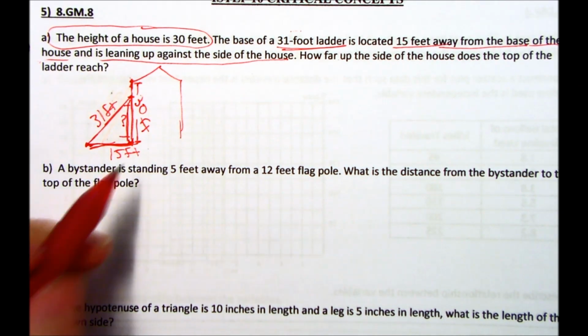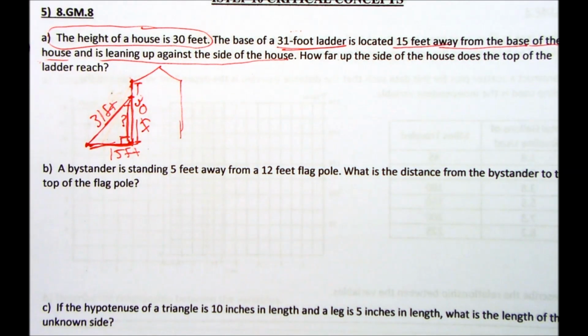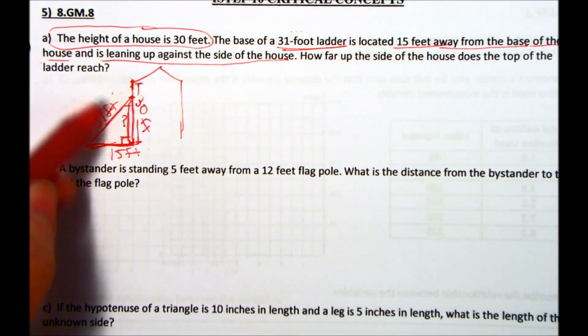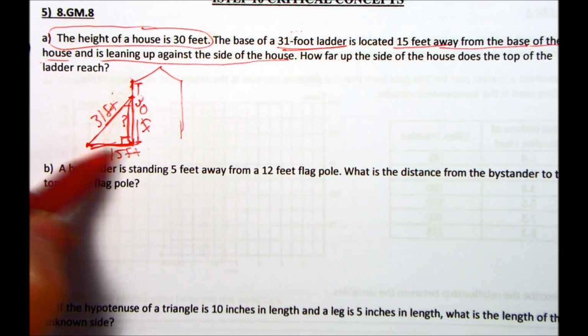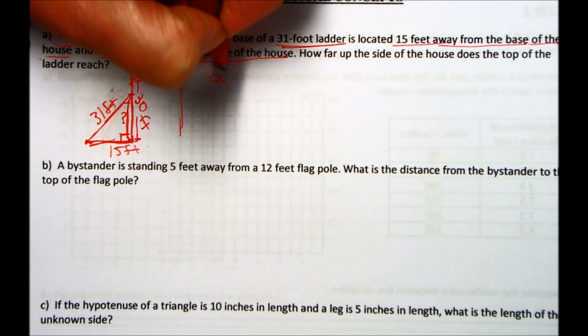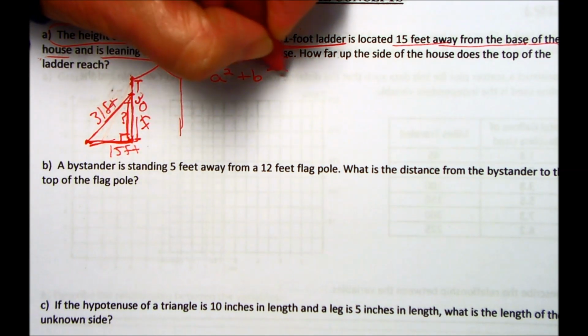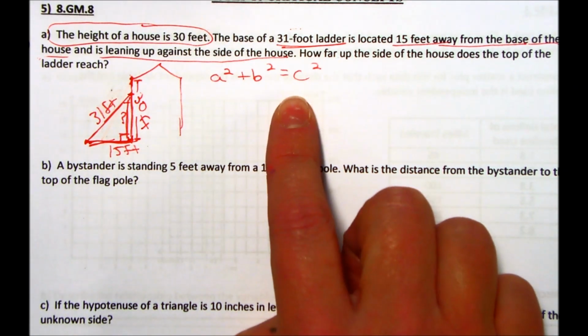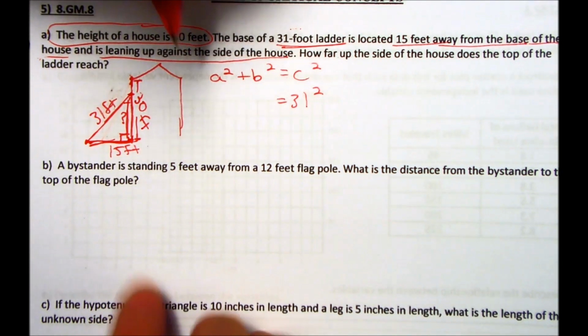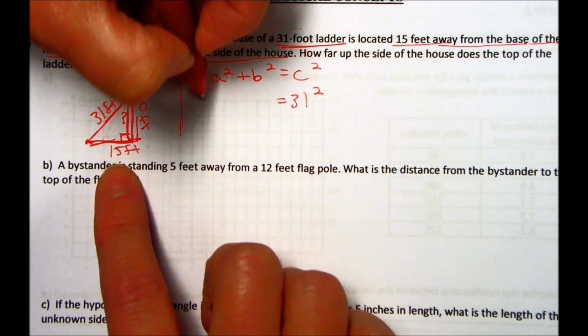So we have a typical right triangle. We're going to use the Pythagorean theorem to figure out this side, where 31 is our hypotenuse, 15 is one of the legs, and we're trying to find the other. The Pythagorean theorem says that a squared plus b squared equals c squared, and c is the hypotenuse. So I'm going to put 31 in the place of c, and the 15 in place of a.